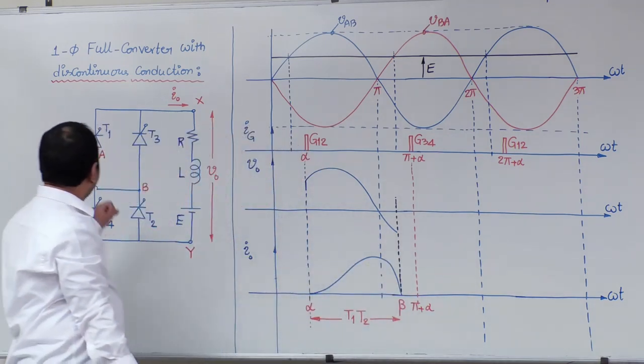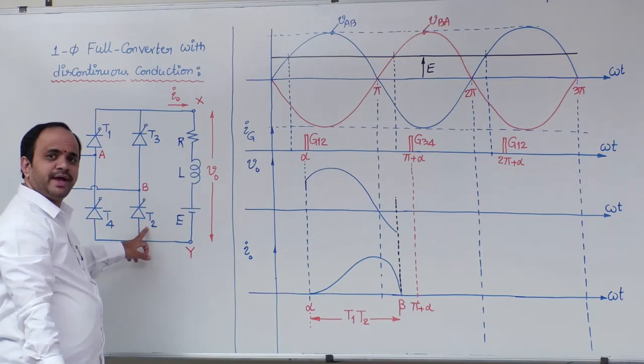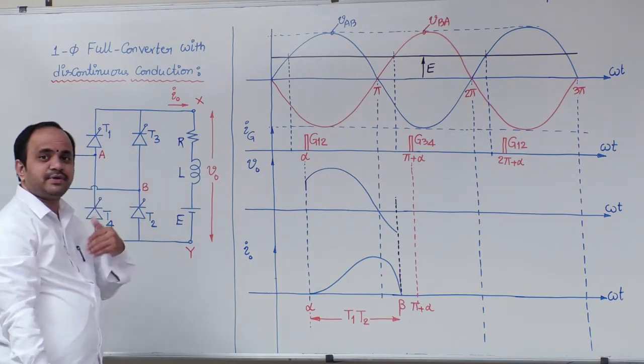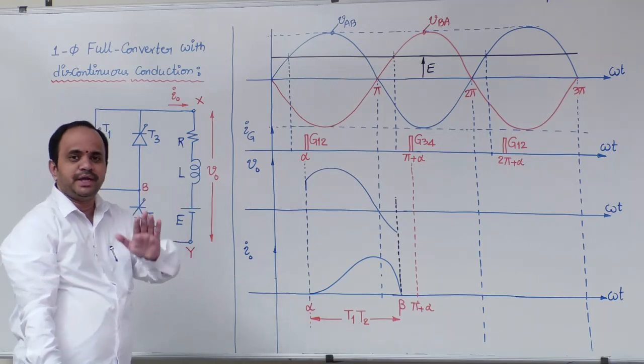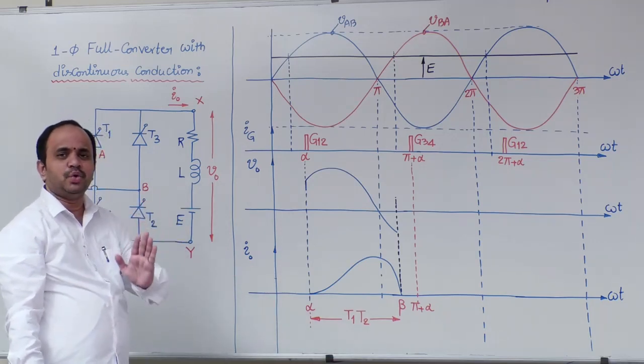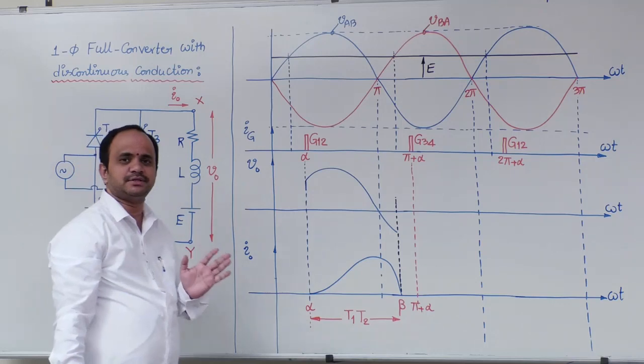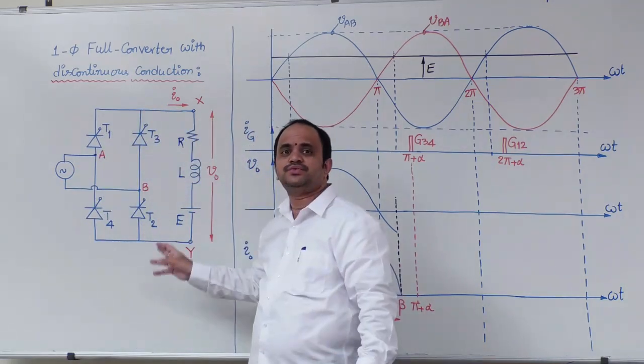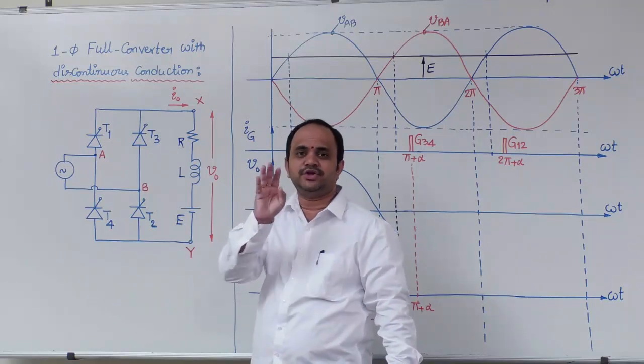Now see here, T1 T2 pair turns off at beta, T3 T4 pair starts after pi plus alpha. So beta to pi plus alpha, no devices will be in conduction. Therefore, there is no path for load current to flow. That is what a discontinuity means.